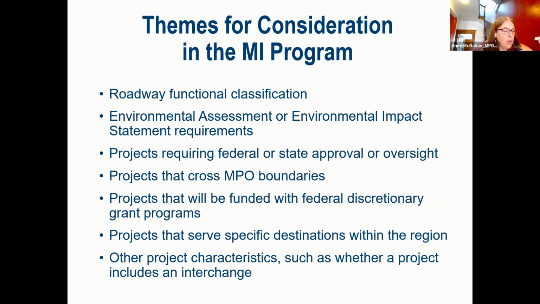So staff looked back through the historic definitions and guidance and MPO discussions to determine other factors that the MPO could consider in addition to capacity and cost in defining major infrastructure projects.